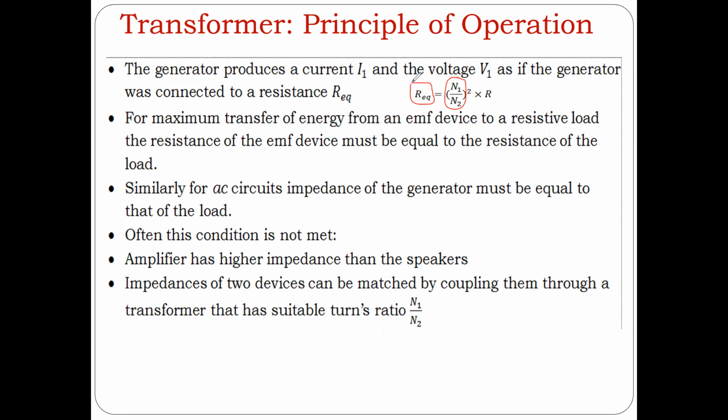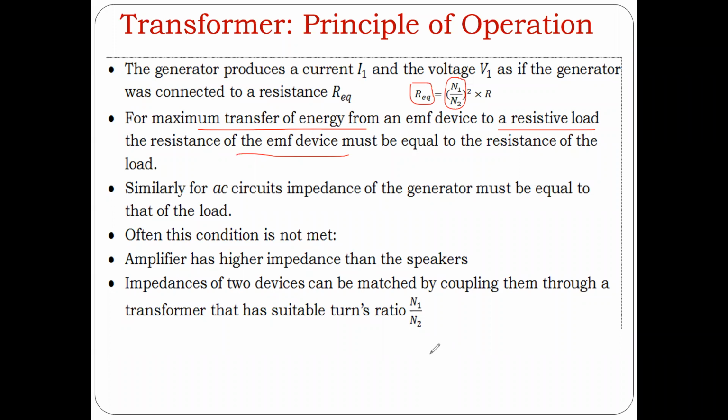The important significance is that, as you know previously, for maximum energy transfer, the resistive load and the EMF device should have equal impedance. They should have the same resistance. So if the resistance of the supply and the resistance of the load are the same, the energy transfer would be maximum.